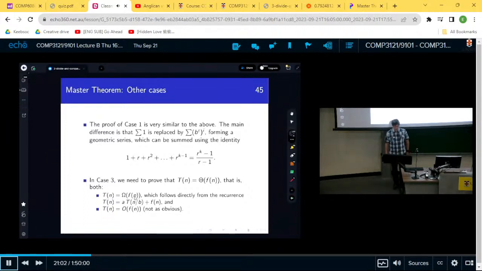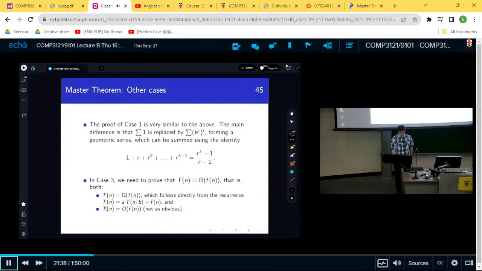We can just use this statement: T of n is equal to a times T of n divided by b plus f of n, which is our recurrence. So we can see here that T of n must be at least as large as f of n, because f of n is one of the summands. So even if this thing here was 0, then T of n would still be at least f of n. So the first part is obvious.